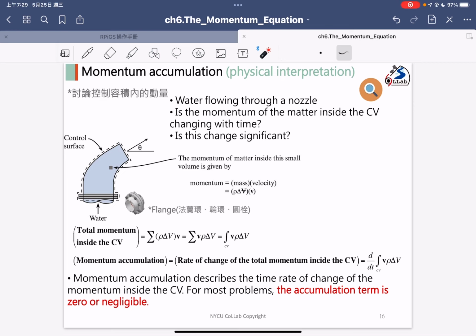the changes of the magnitude of the flow velocity. If the changes of the flow velocity are also small enough to neglect, then the accumulation term of the momentum can be neglected.